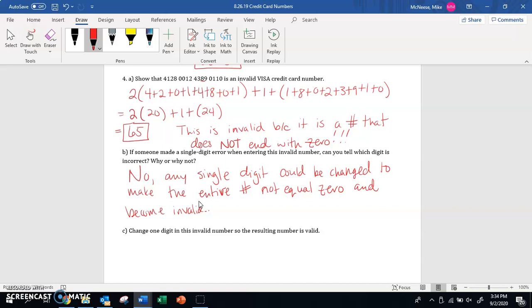So you change any one of them and it'll mess it up. And it's not very possible to figure out which number it is that I changed.